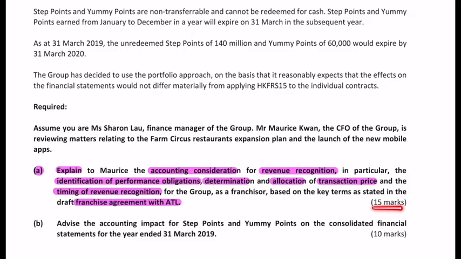This is 15 marks, so you must come up with 16 to 17 points for the franchise arrangement with ATL, covering step 2, step 3, step 4, and step 5 of the revenue model for this arrangement.